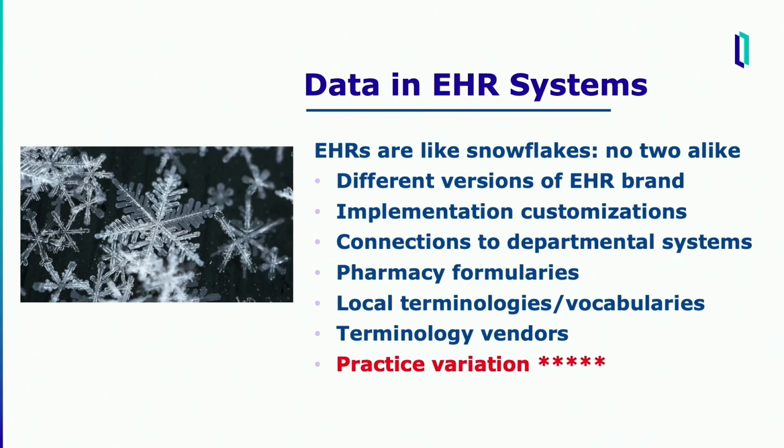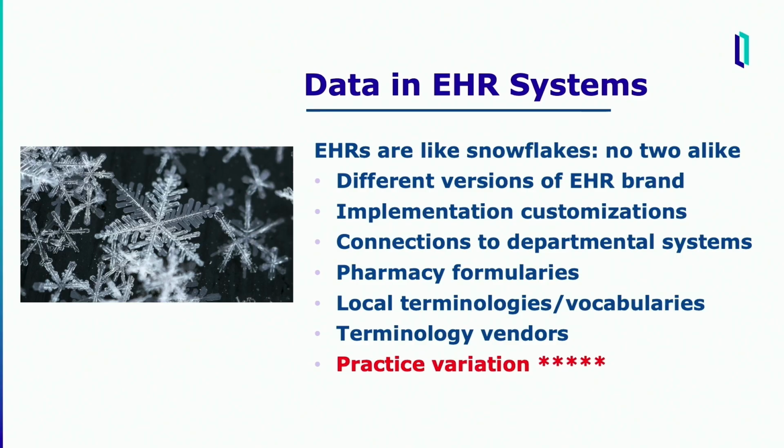Sometimes they have more than one laboratory system, but the EHR is connected to different systems, different pharmacies. They have different pharmacy formularies. They use different local terminologies. I don't know how many of you are involved in a healthcare organization or particularly a lab system. They have their own terminology that they use for a lot of lab tests.